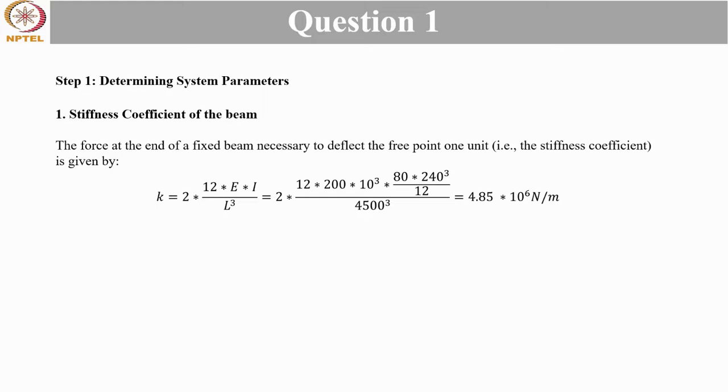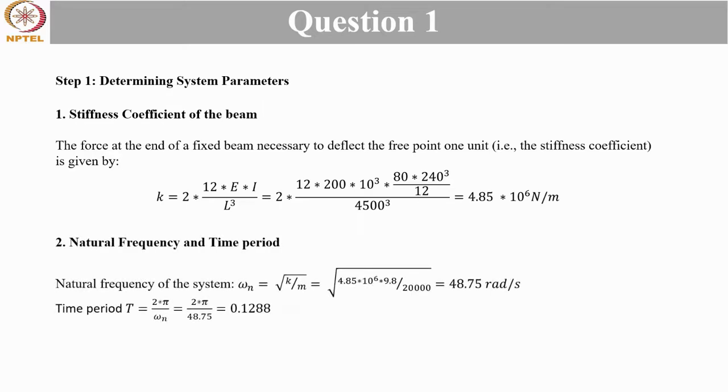So it would be 18 into 240 cube by 12 divided by length of the column, which is given as 4.5 meter. Again we converted into millimeter. So it will be 4500 whole cube. Now, upon calculation, we will obtain a value 4.85 into 10 to the power 6 Newton per meter. Okay, so upon all the unit conversions and everything, you will obtain this value.